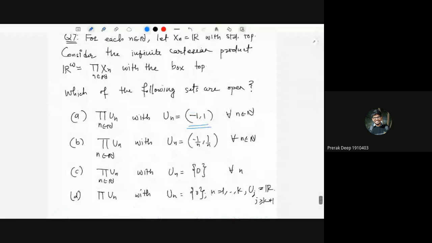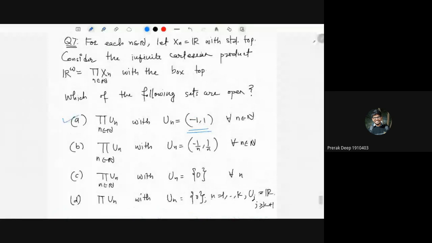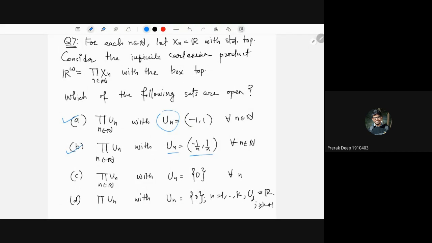Because each U_n is an open set in X_n, it is true. Similarly, option B is also true because for each n, U_n is an open interval in R. Option C is false because the U_n are the singleton {0}, and the singleton {0} is not an open set in R, it is a closed set in R. So their infinite product will not be an open set.